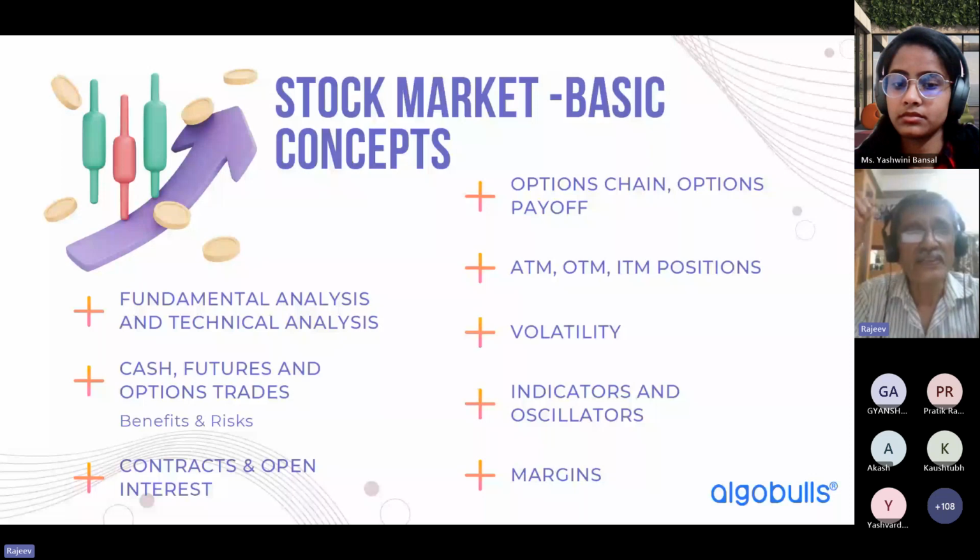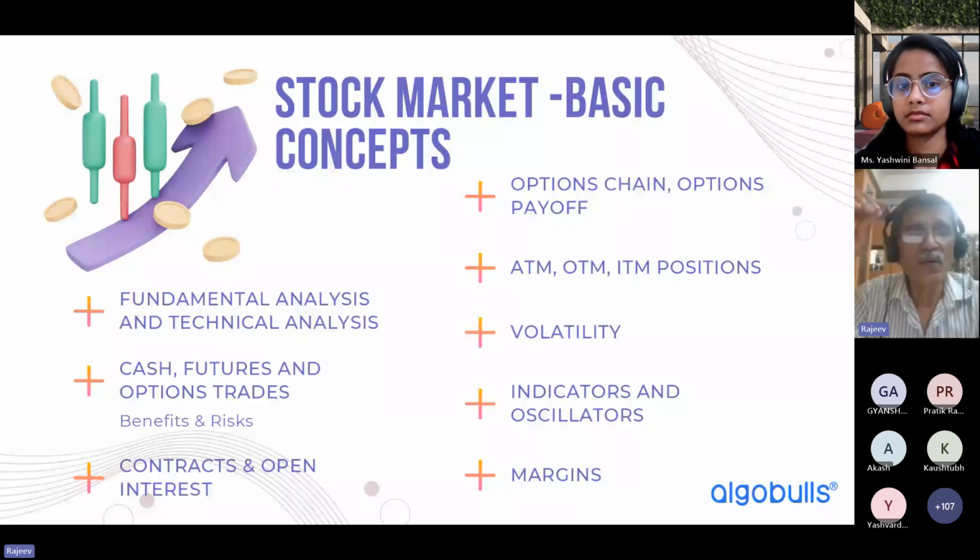They don't really look at the charts and indicators and things like that. Whereas technical analysis is a branch where you look at the price and the volume data of the market, price and volume or price action data of each and every stock that you are interested in.